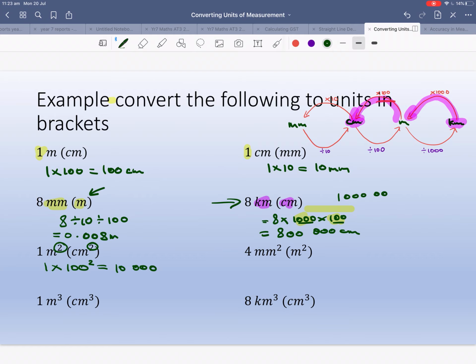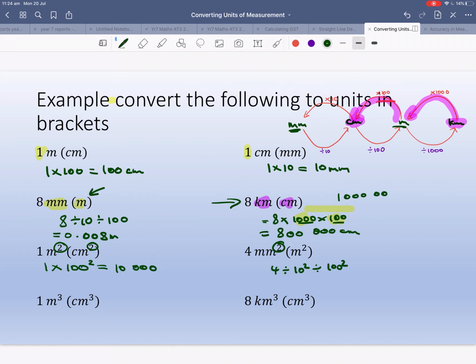The next one, we're going to do the same thing, millimeters to meters. So I'm going to go 4 times 10 squared times 100. Oh, I'm doing it the wrong way. We're going this way. All right. Which means I'm going to go 4 divided by 10 squared, because it's squared, divided by 100 squared.